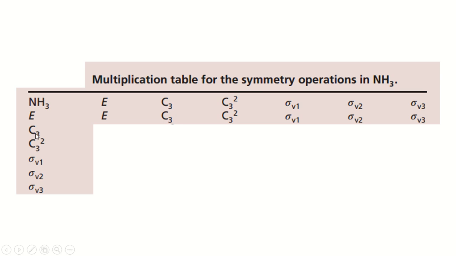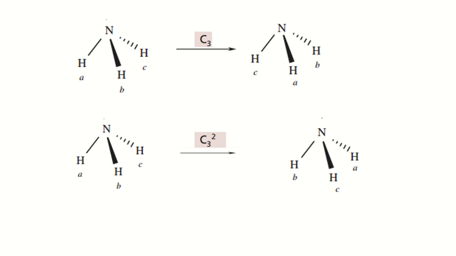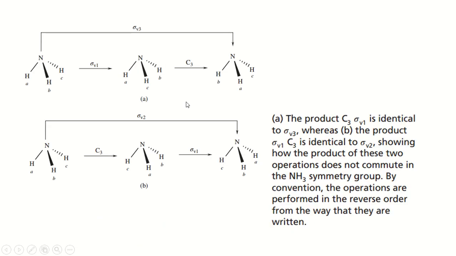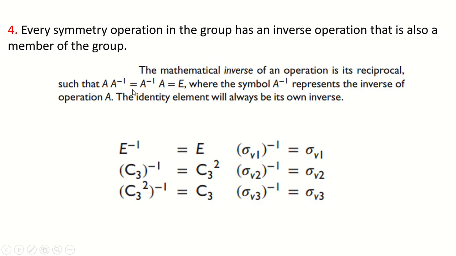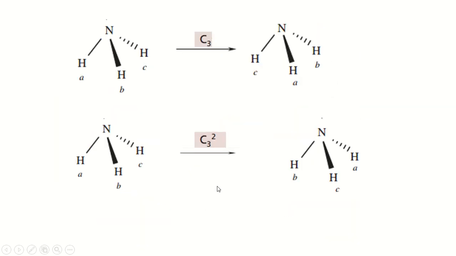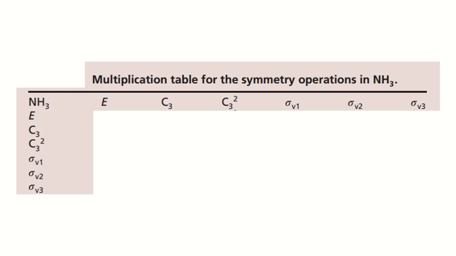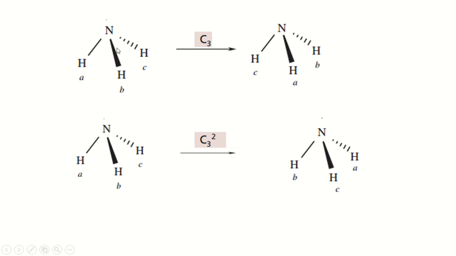What happens if we apply C3 two times? I already told you that if we apply C3 two times, then it will be equal to C3 twice. So if I apply C3 and then again C3, the result should be C3 twice.